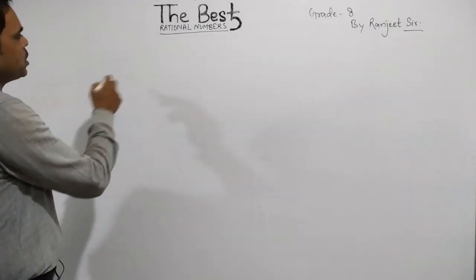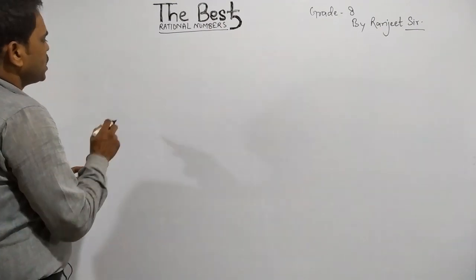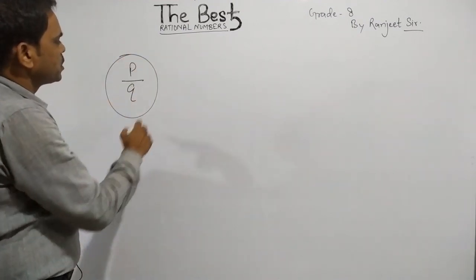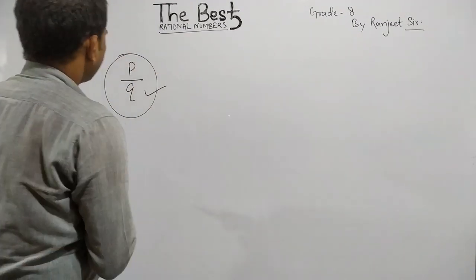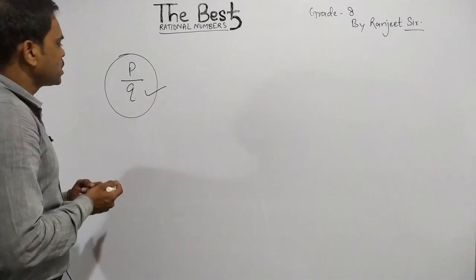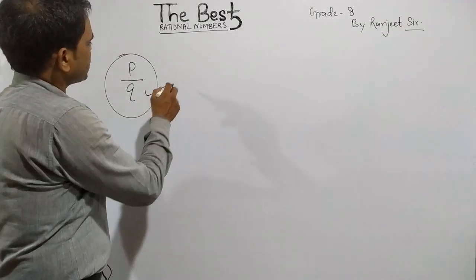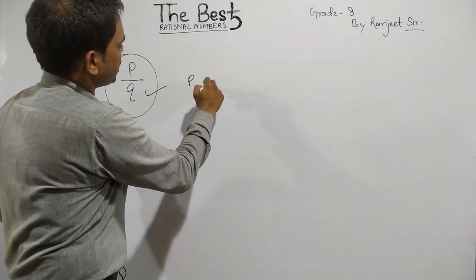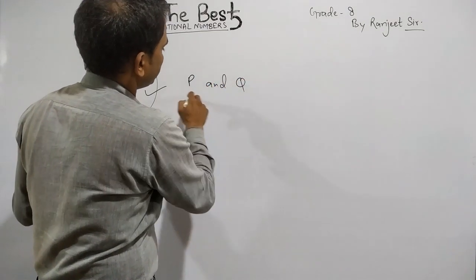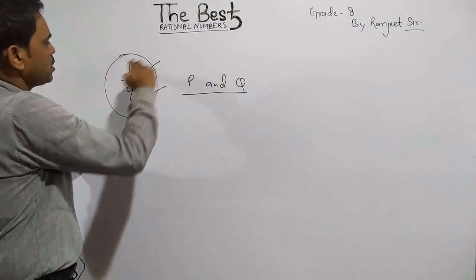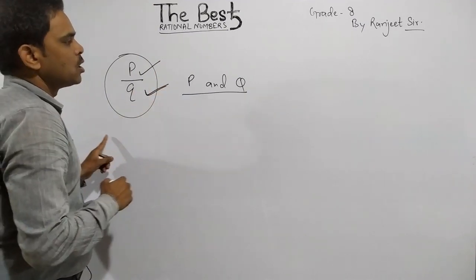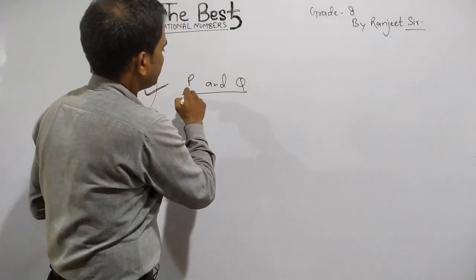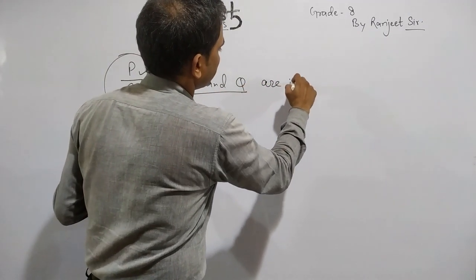So here we'll know how to identify. It is very simple. You only have to see the form p by q. This form is required in case of rational numbers, and exactly two conditions are there. First of all, p and q, I mean this numerator and this denominator, both should be integers.